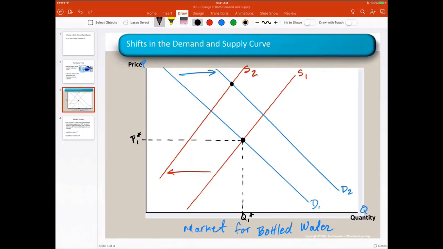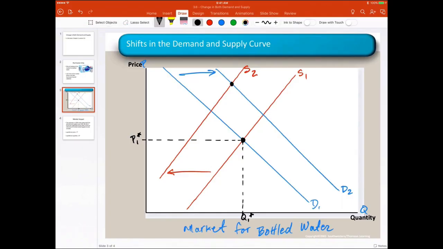In this diagram, it looks like the equilibrium price of water is going to rise, and the quantity is going to fall a little bit. That seems like the straightforward answer. Except it gets a little tricky here. The issue is that I haven't told you the magnitudes, and a lot of times you won't know the magnitudes. You just know the supply curve shifts to the left and the demand curve shifts to the right.